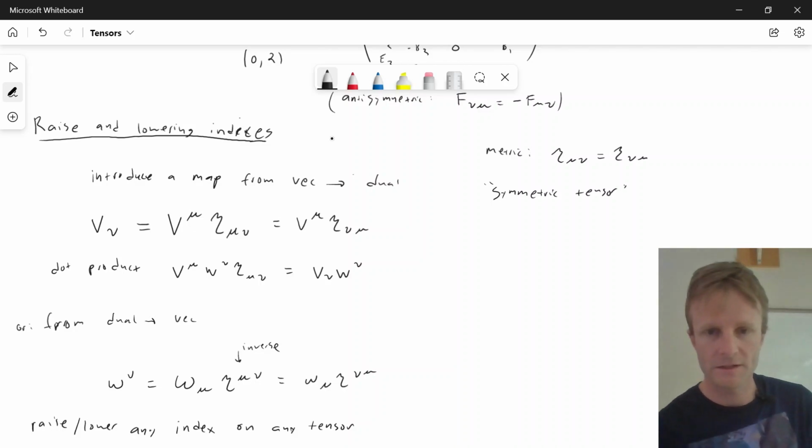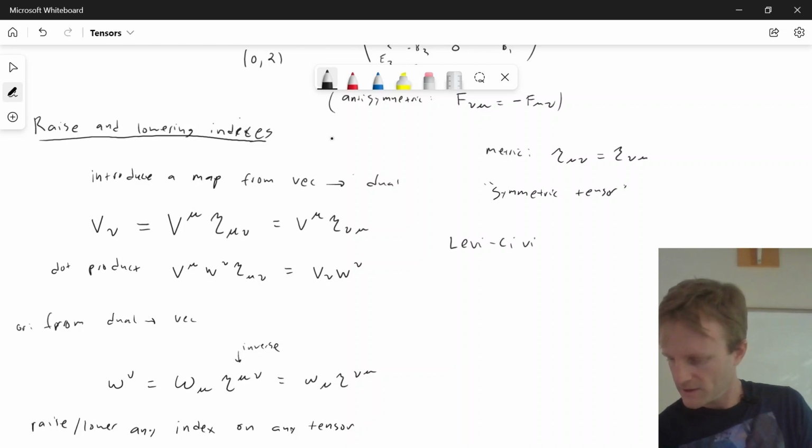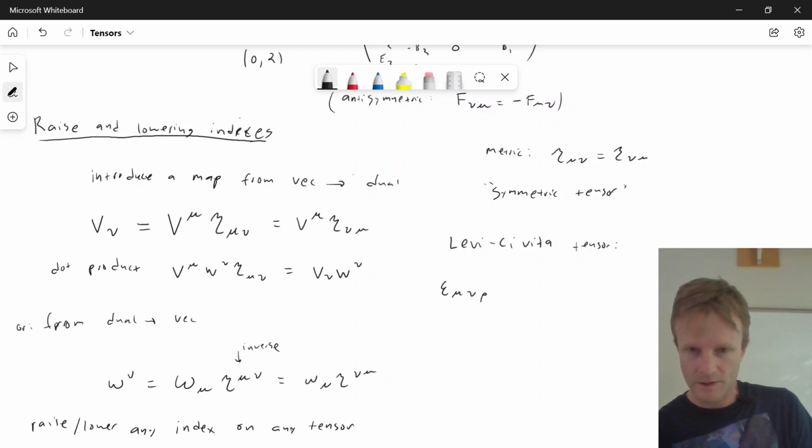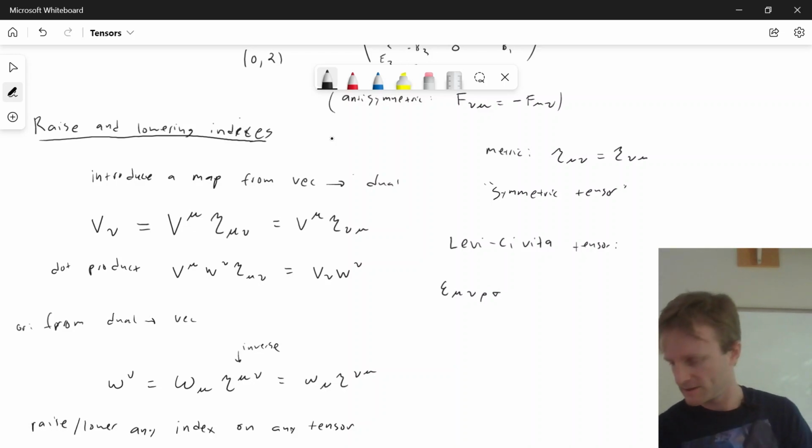Put it over here. Epsilon mu nu rho sigma. So now we're in 4 dimensions. We're going to need 4 of these indices.